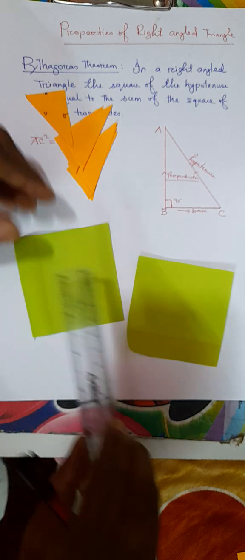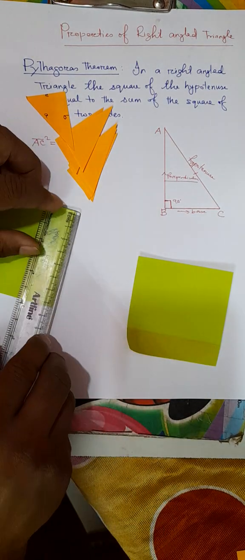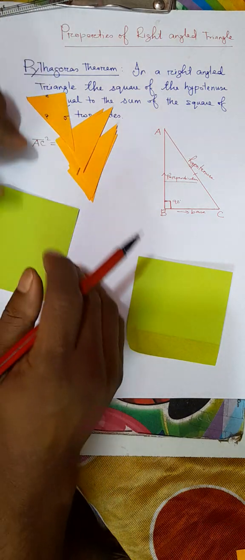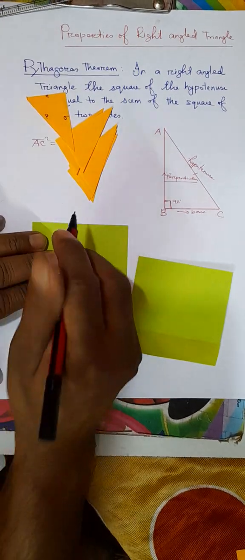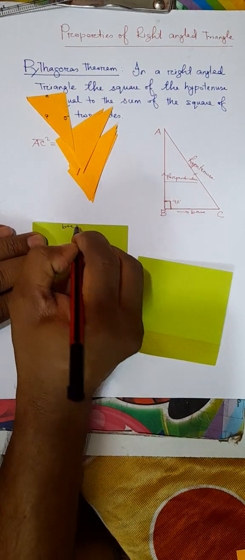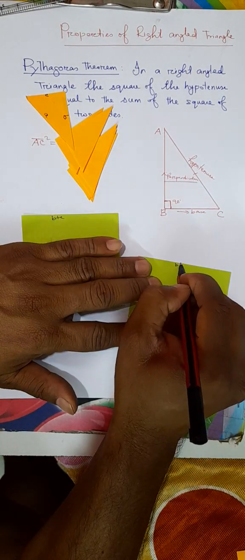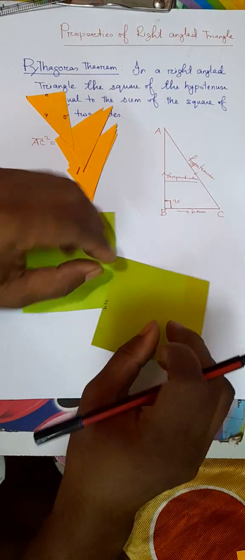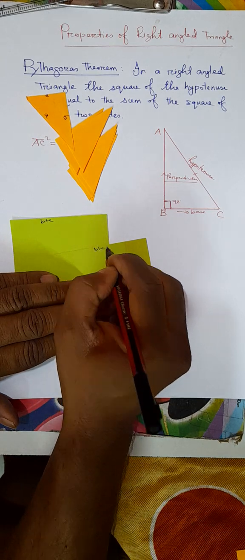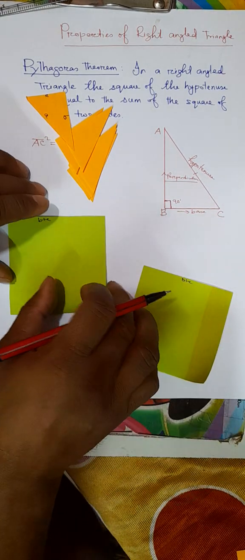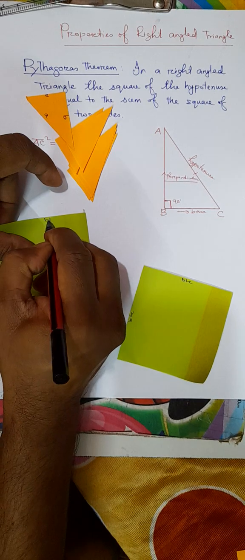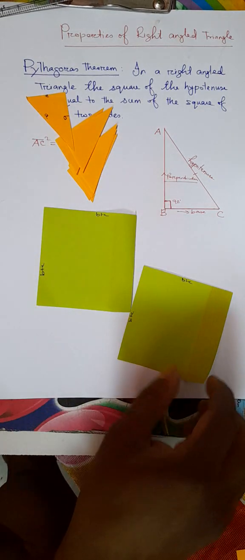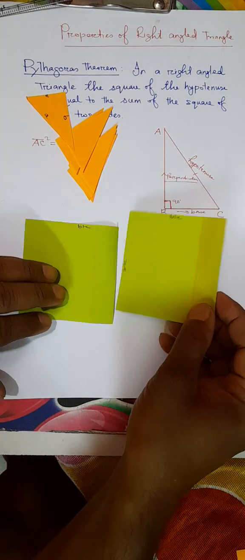So the side length of this square is 7.5 centimeter. That means b plus c. All these sides are b plus c, right? These two squares are exactly identical.